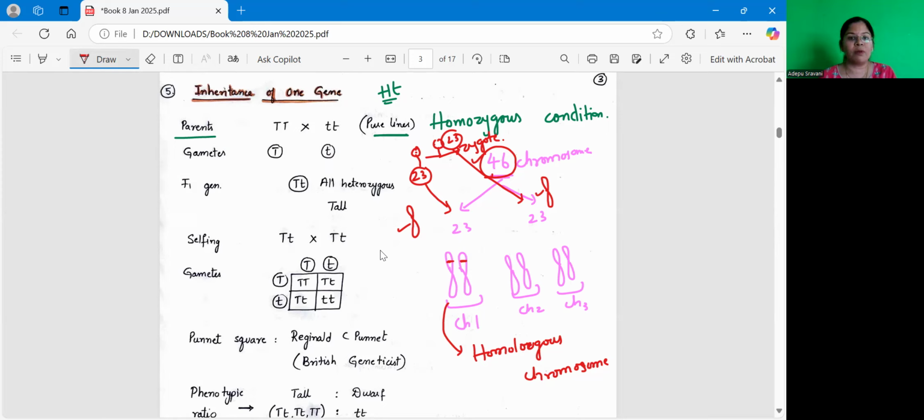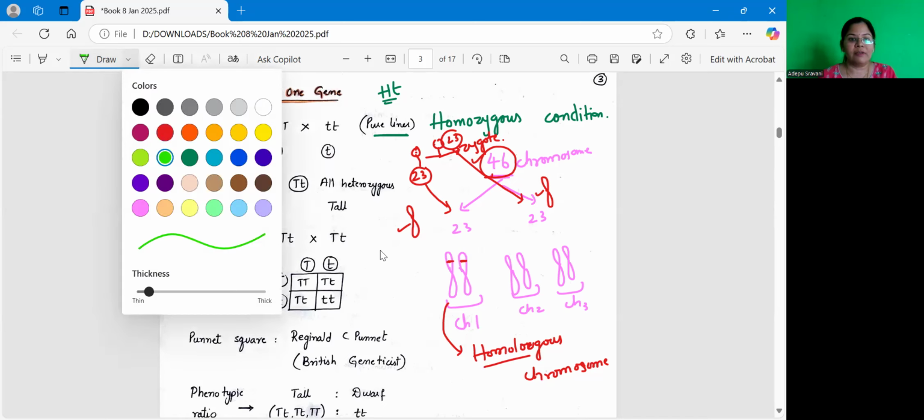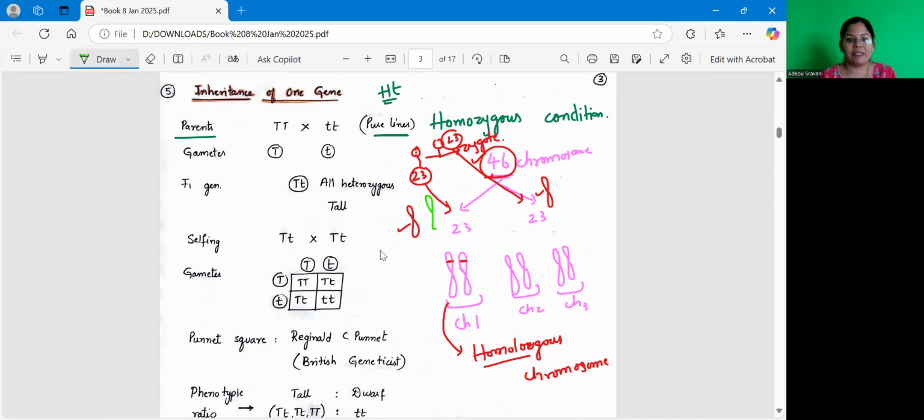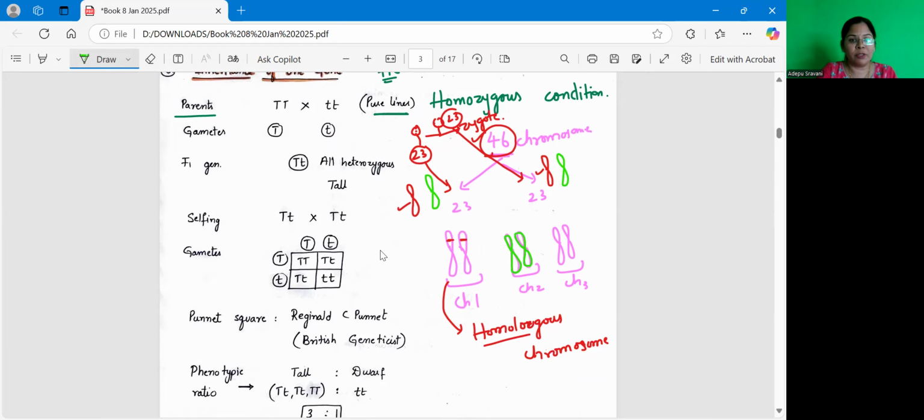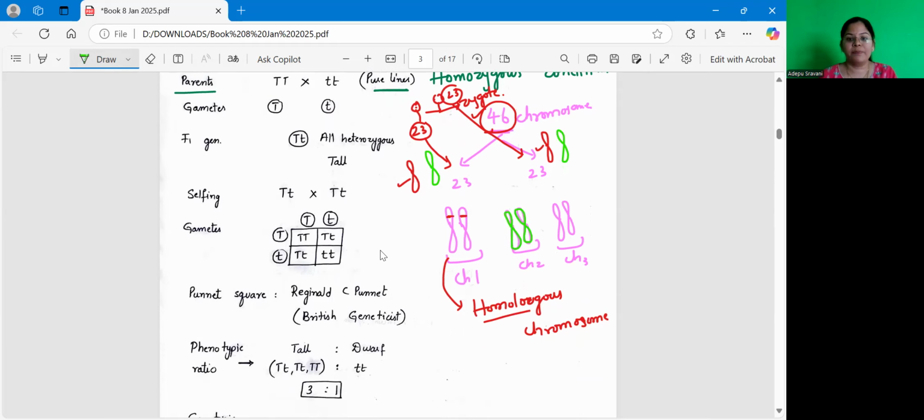Similarly, the second chromosome of father and second chromosome of mother, these two will again be considered homologous chromosomes. Clear? Now, if you go through the terminology here, what do you mean by homologous? Homo means what? Same.